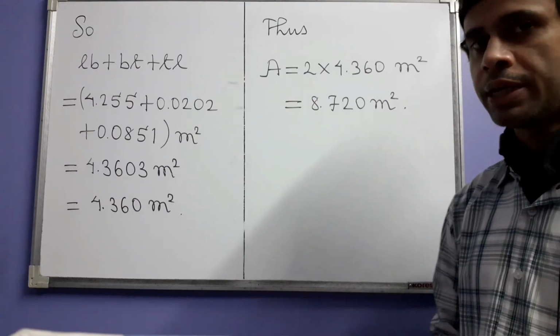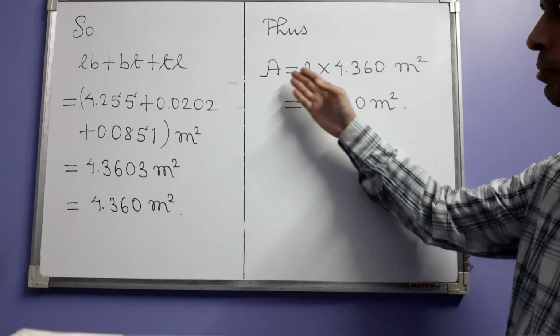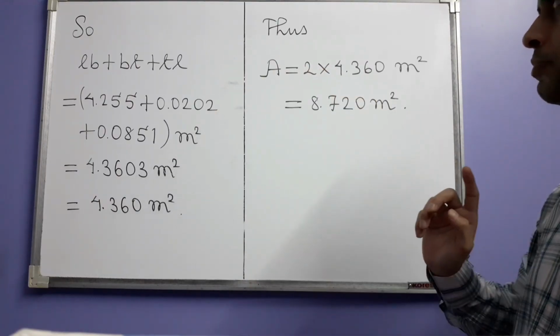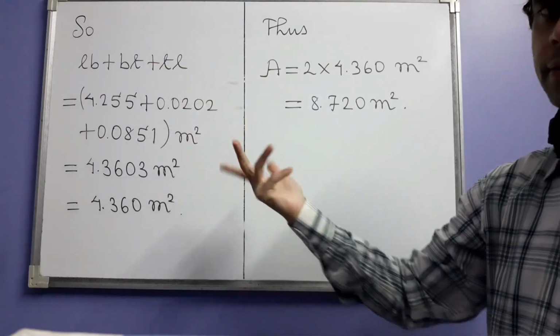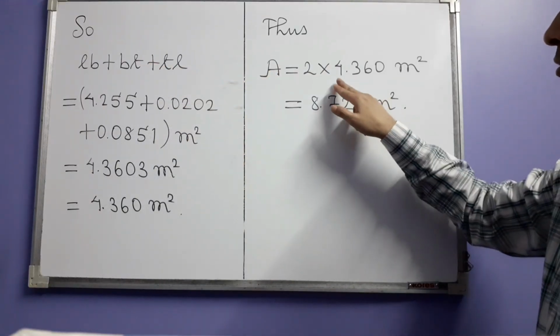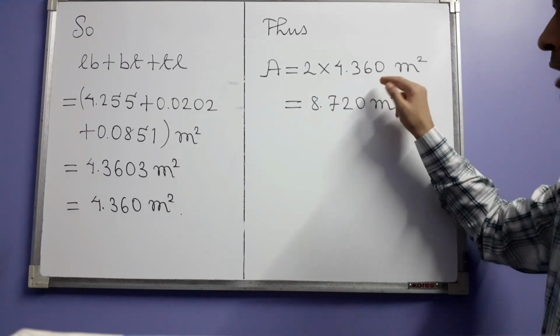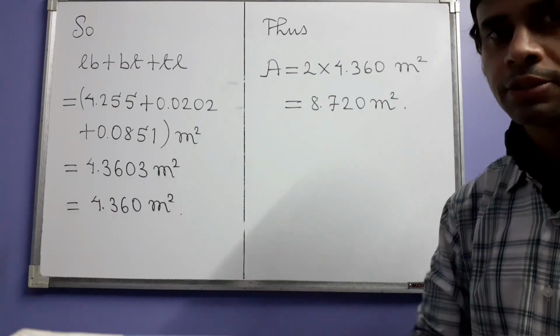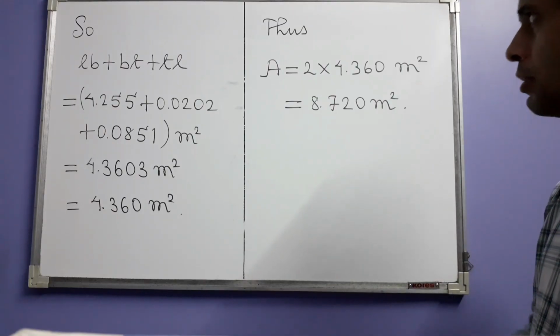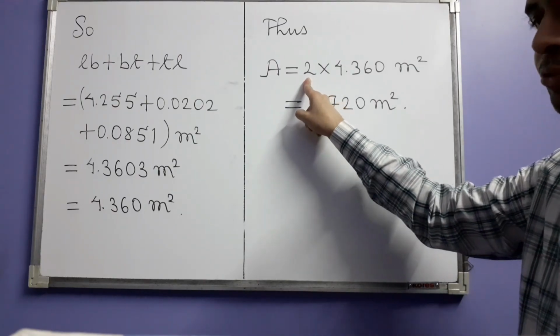So you next finally calculate the area value by multiplying this by 2. If you want, you can again write A equals 2 times that, but that's understood. Okay. Now after doing the calculation, how many significant figures should be there? Recall that 2 is not a physical number.